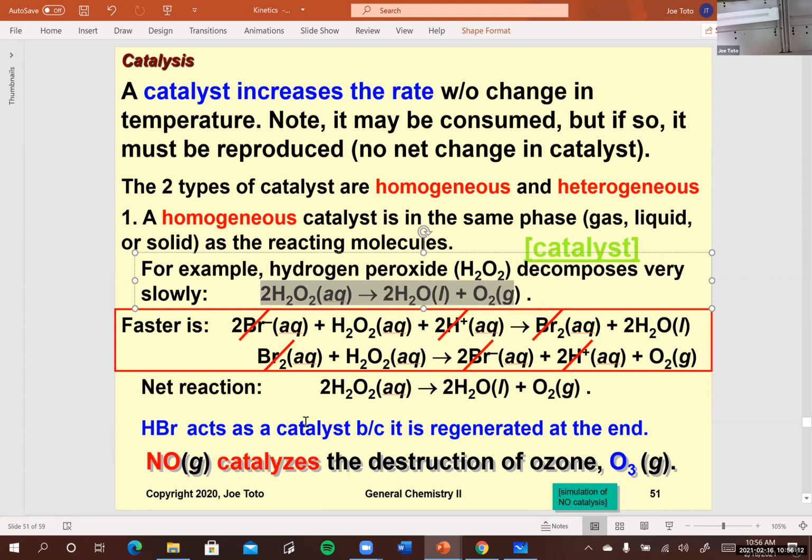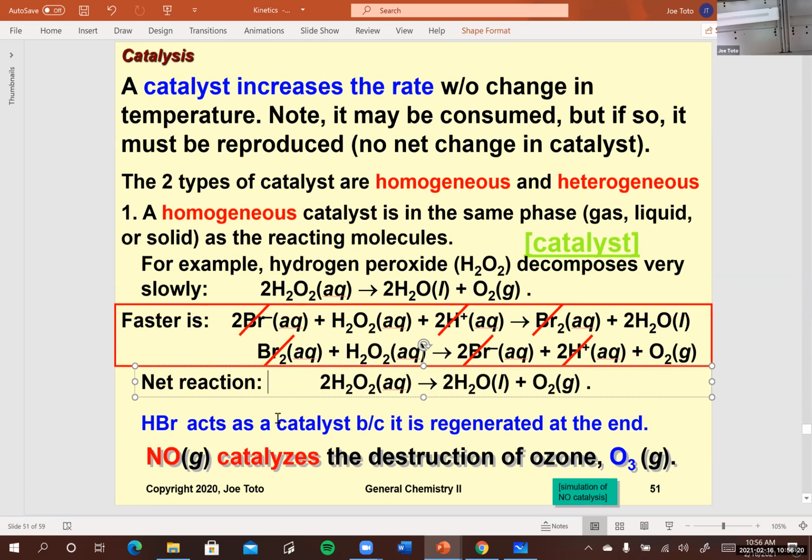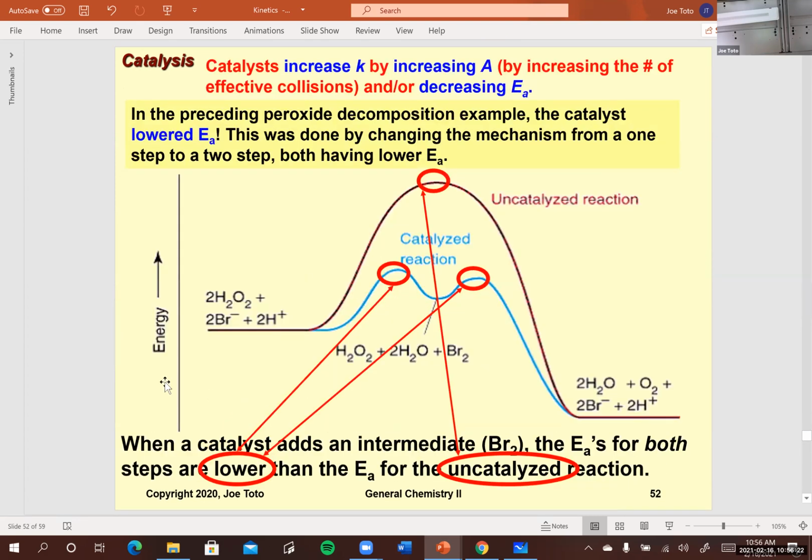But what's interesting about this is now we can show what happens to the potential energy surface when a catalyst is introduced. For this example here, I have energy versus reaction coordinate. I have the two different reactions, the catalyzed reaction and the uncatalyzed reaction overlaid, so they're on top of each other.